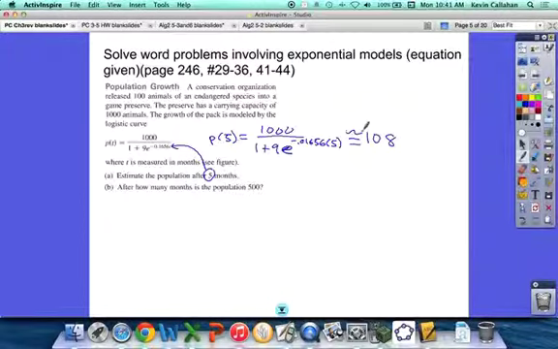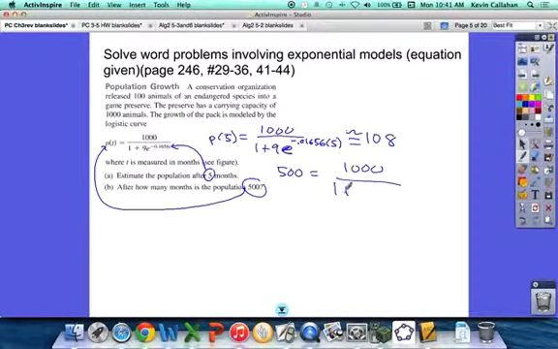After how many months is the population 500? What are we supposed to do with that? You're going to plug in the 500 for the P, and then solve for t. We solved one pretty close to this the other day. So it was 500 equals 1,000 over 1 plus 9e to the negative 0.01656 times t.